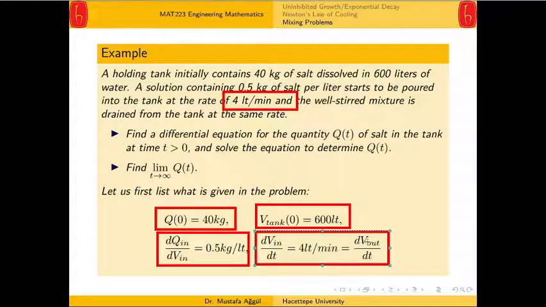So dV out/dt is still 4 liters per minute. These are all given, and it asks us to find a differential equation for the quantity Q(t) of the salt at time t greater than 0. Also, we need to find the limit as t approaches infinity. So let's start with the first one.